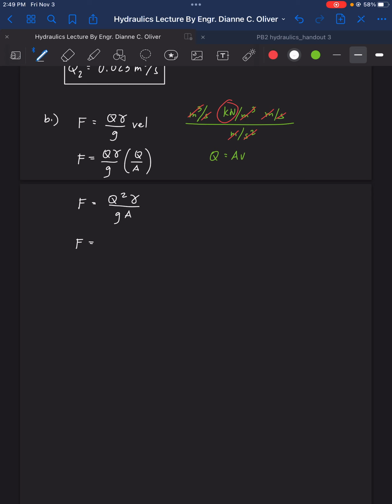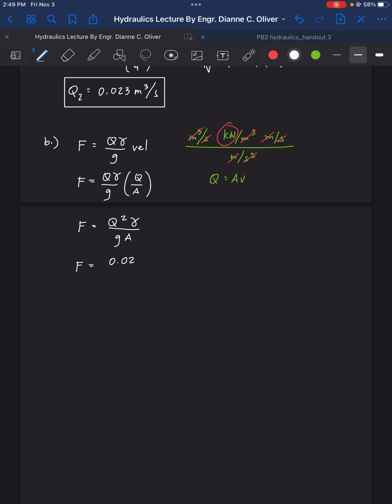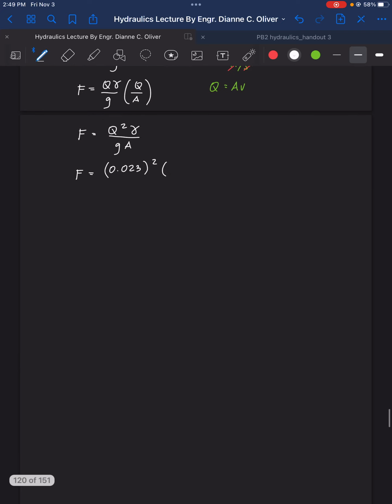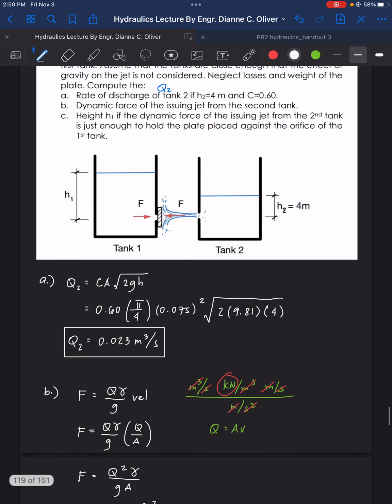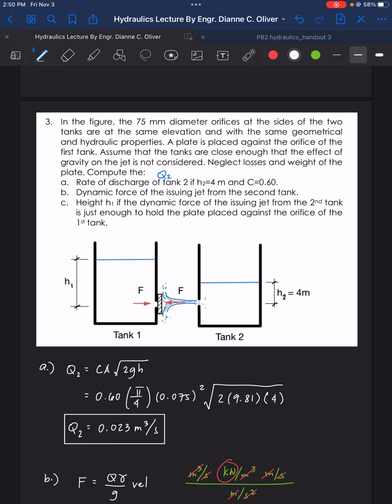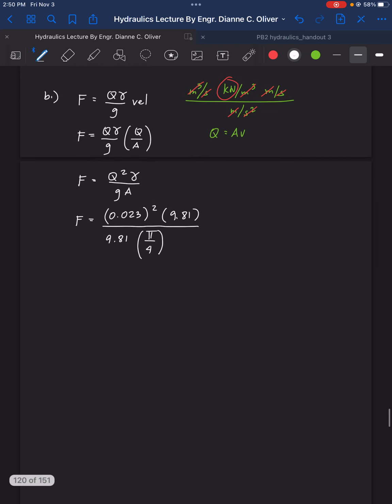F is equal to Q, which is 0.023 squared, gamma of water, 9.81, all over the acceleration of gravity, 9.81, and the area of the orifice. So pi over 4 times 0.075 squared, since the given diameter here is the orifice.